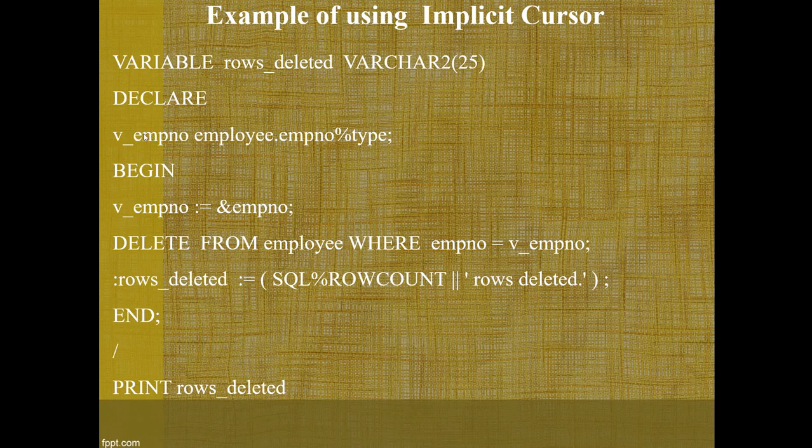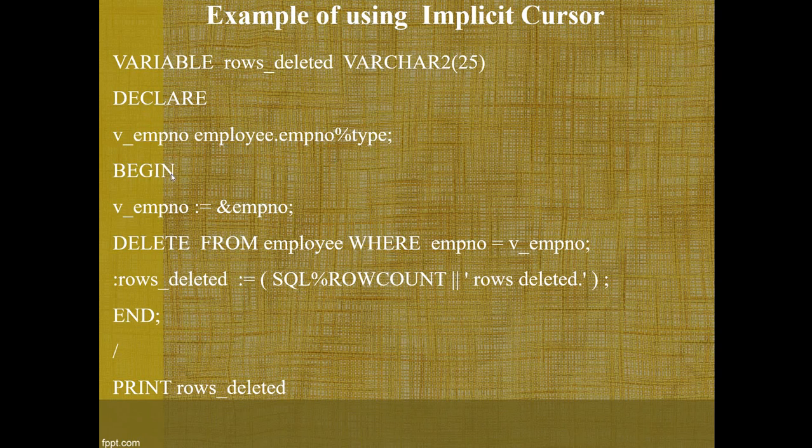The variable name v_emp_number is declared by referencing the employee table's emp_number column with %TYPE. By using this %TYPE, we are giving the v_emp_number variable the same data type as emp_number in the employee table. That's what we are doing here.